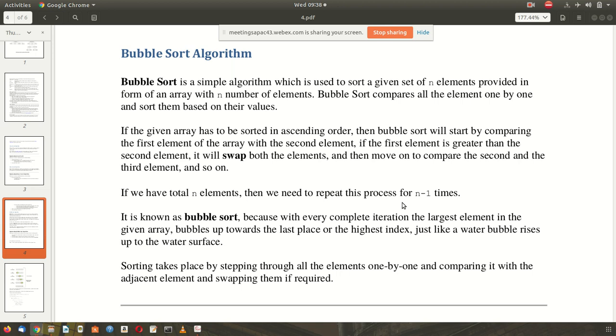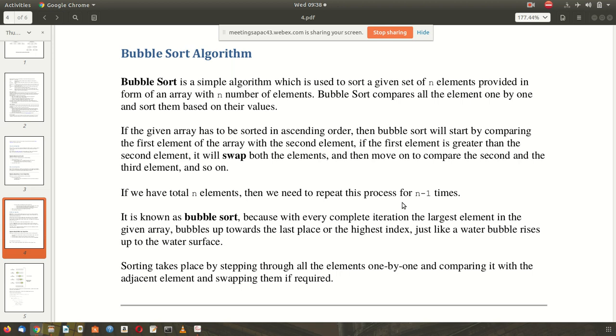I will give some numbers, every one of you write the numbers. First you write 5, then you write 2, then you write 7, then you write 1, and then you write 8. So these are the numbers: 5, 2, 7, 1, 8.